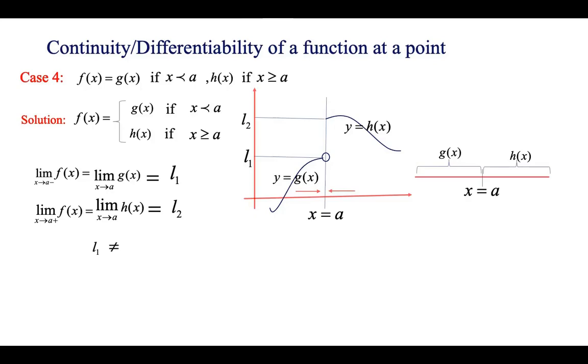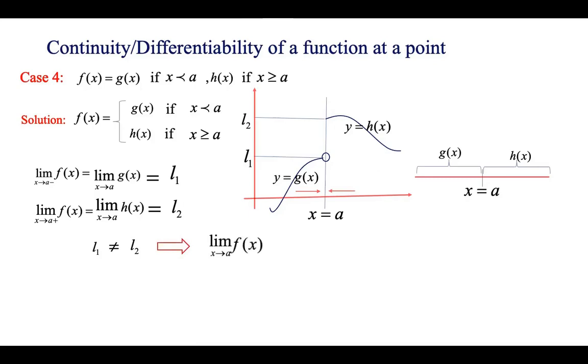If L1 is not equal to L2, it means that at x equal to a, the left limit is L1 and the right limit is L2, and here in this problem, the right limit itself is the value of the function, which is L2.